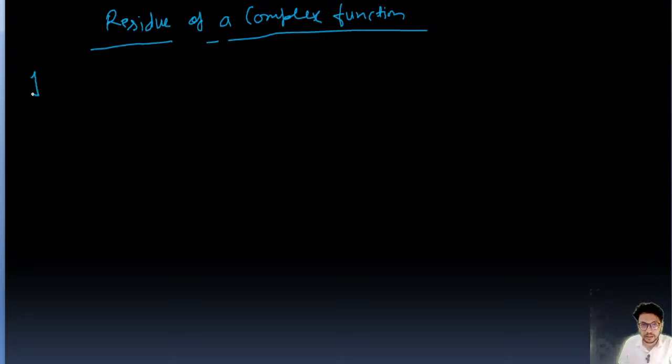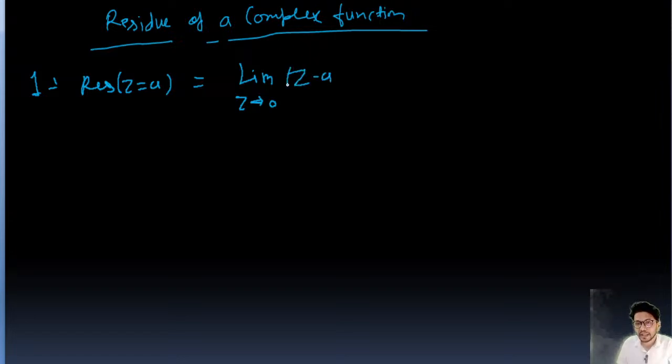Number first is residue at z equal to a, if we have to find. So that is going to be limit z tends to a, z minus a, f(z).